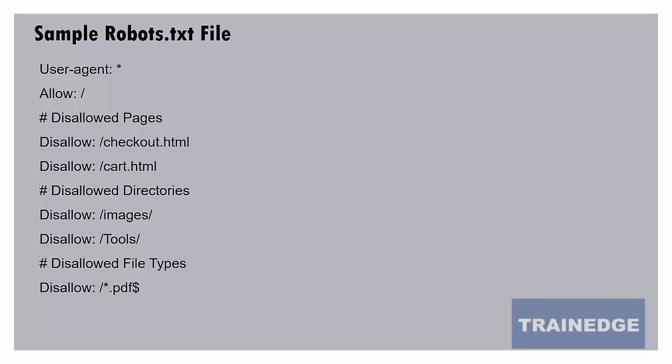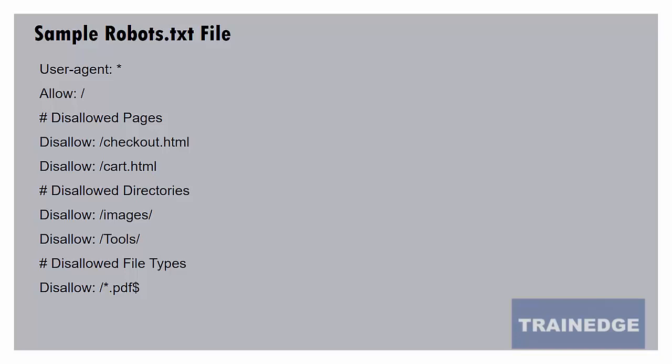Then we are also disallowing some of the directories on the website. And we are saying disallow images directory, disallow tools directory. So we are saying do not index images, do not go to tools section or tools directory on the website and index pages there. Also, we have some downloadable PDFs on the site which we don't want to be indexed.